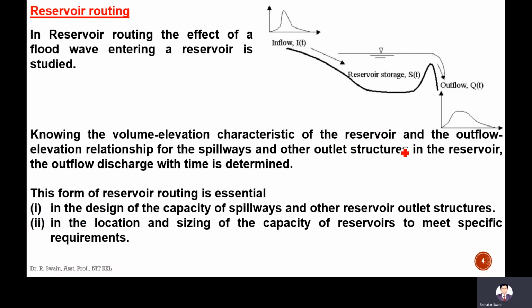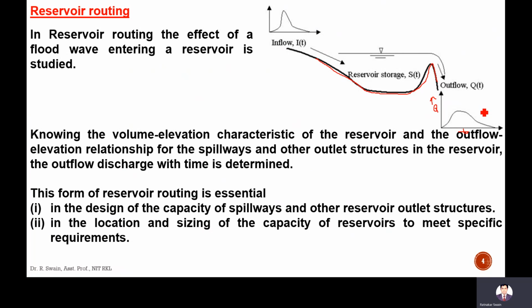Let's discuss. Here this is the reservoir. Determination of the outflow hydrograph means determination of discharge versus time. That means how much water is flowing through the spillway or through the undersluice, whatever water-releasing space is there.